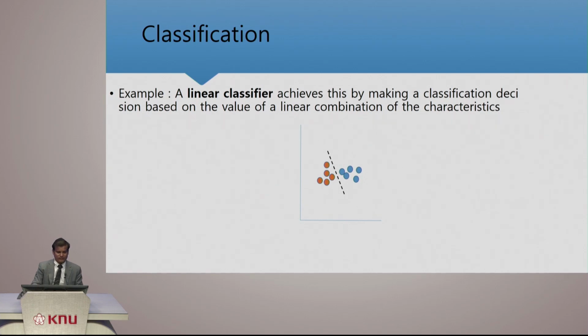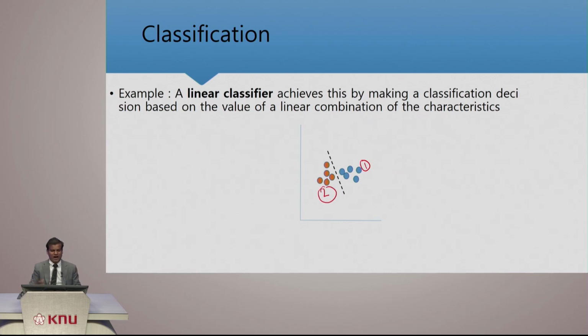Again, we are going to just talk about linear classification. As you can see here, a linear classifier achieves the linear classification: a simple linear line can separate two different classes. Here in this case, you have class 1 and class 2.